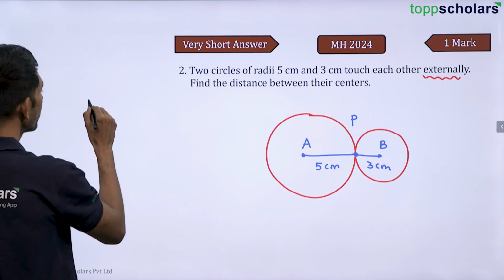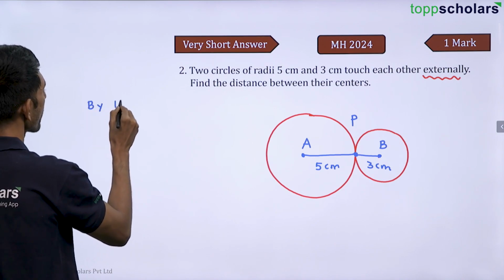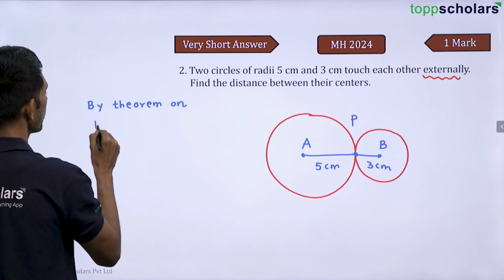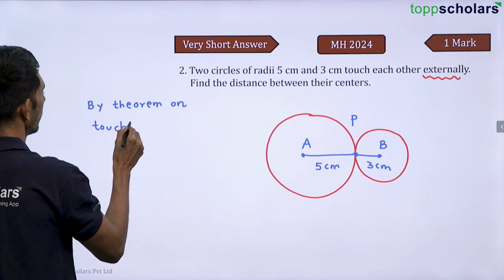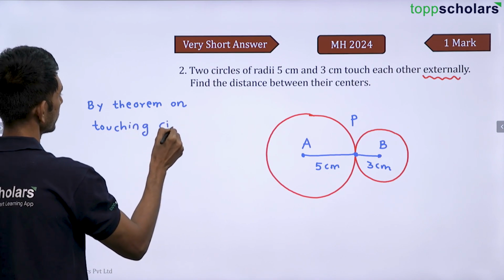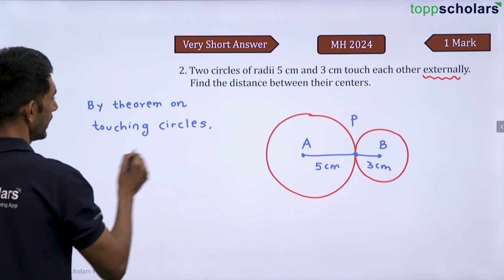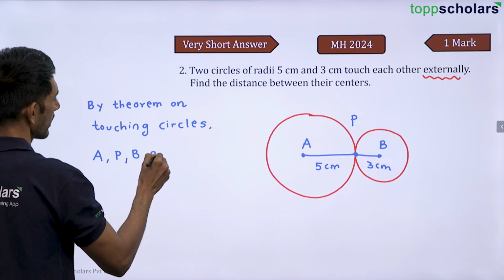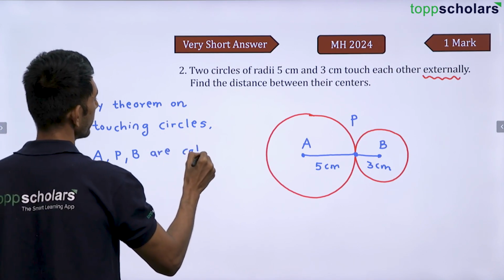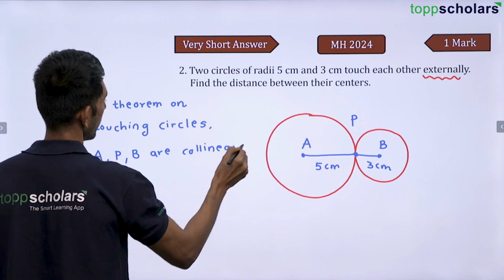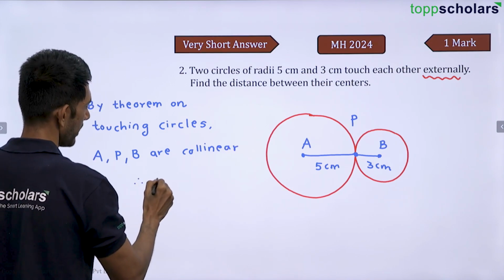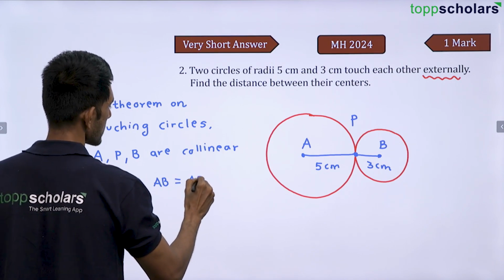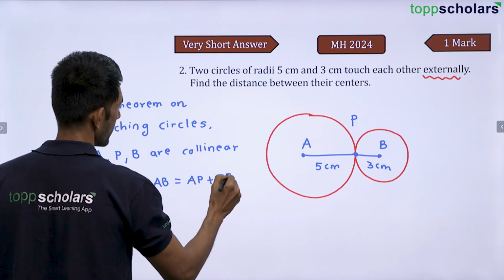So this is by the theorem on touching circles. By the theorem on touching circles, A, P, B are collinear, right? Therefore, we can say that AB is equal to AP plus PB.